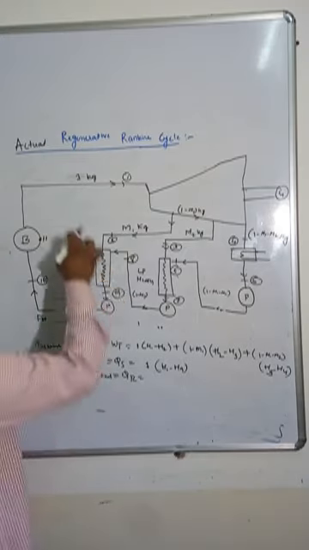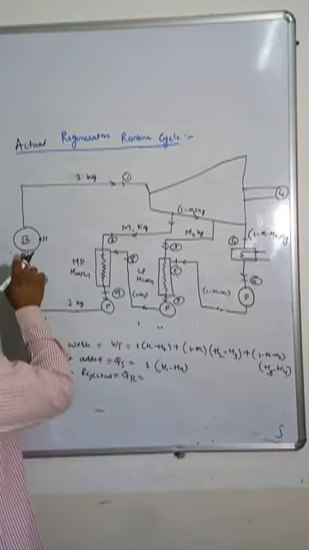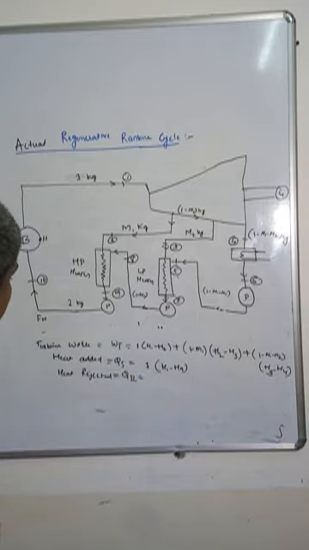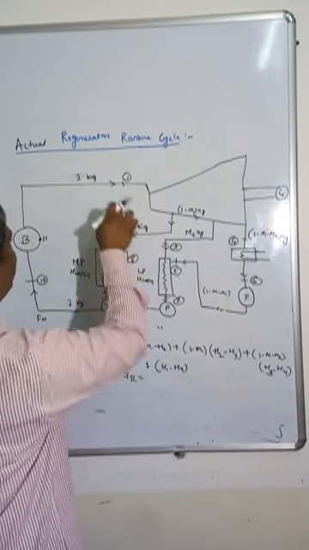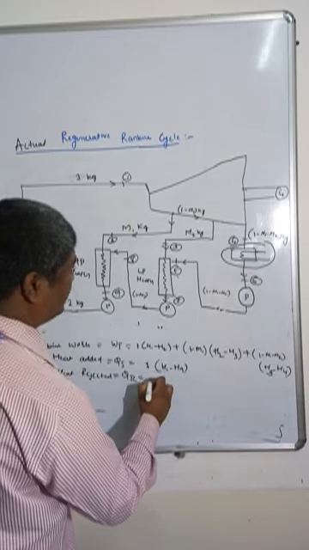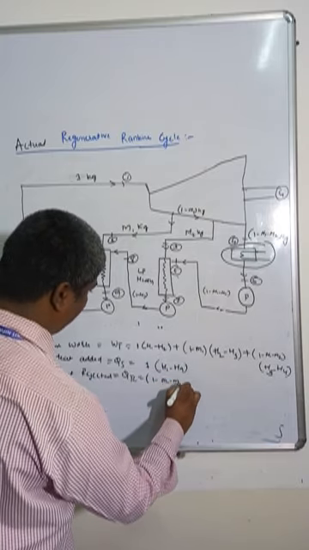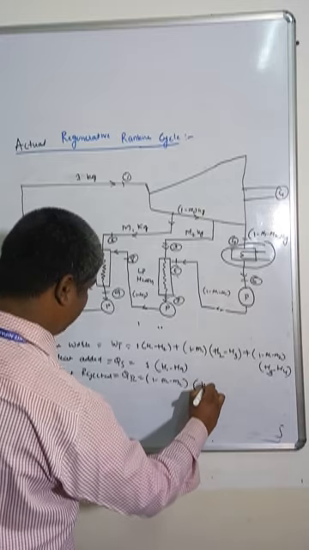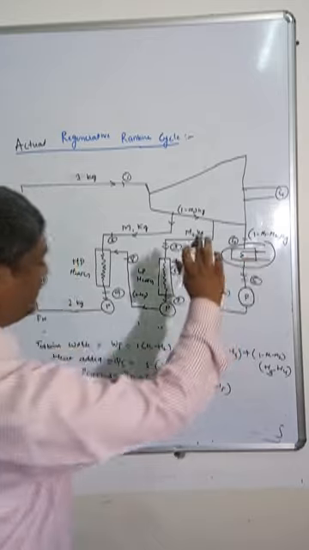So H1 is the amount of heat gained and it is inlet heat. So this much difference is the heat added. Heat rejected, here also heat added, here also heat added, heat rejected is only at the condenser. So how much is it? 1 minus M1 minus M2 into H4 minus H5.